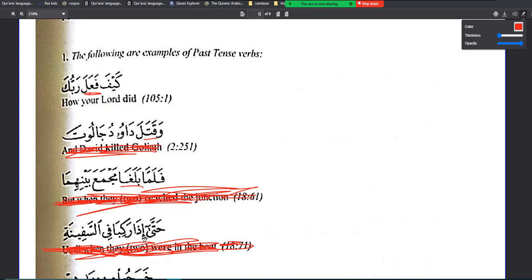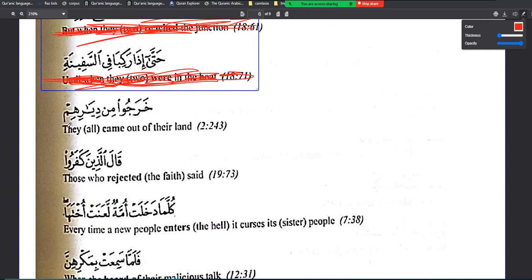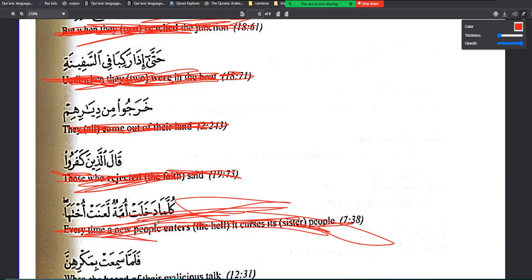Very good. حتى إذا ركب في السفينة. Very good. It's they both boarded. Very good, mashallah. خرجوا من ديارهم. Very good, mashallah. قال الذين كفروا. Okay, I'm sorry. كلما دخلت أمة لعنت أختها.